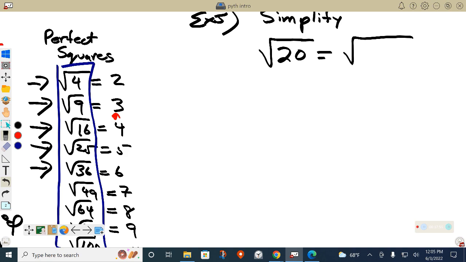Which one of these is a factor of 20? 4 is. 4 times what is 20? But what is the square root of 4? It's 2. So it's 2 rad 5 is my final simplified version.